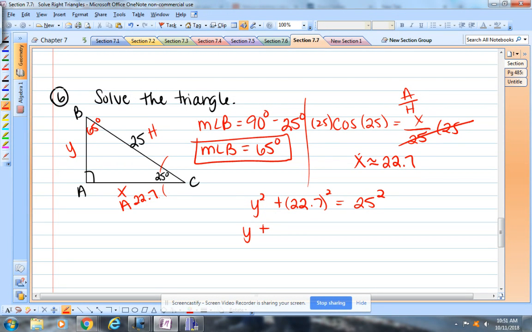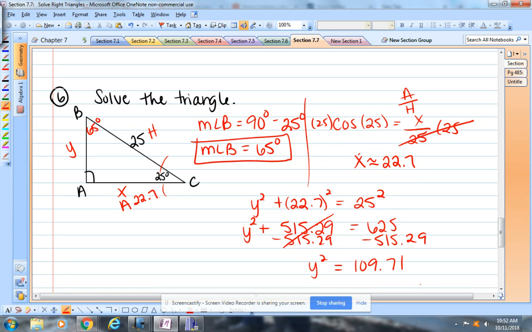So 22.7 squared. Okay, write it all out because we've already rounded, right? So we want to keep our stuff as accurate as possible because we know we're rounding. And 25 squared is what? Okay, and then we're going to subtract the 515.29 on both sides. 109.71. That's y squared.